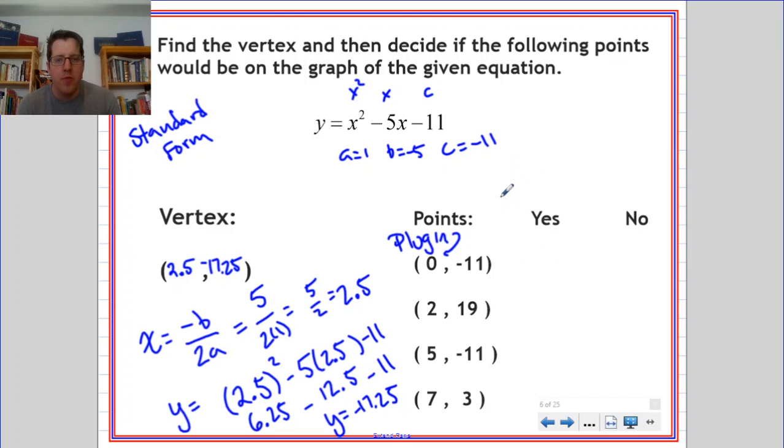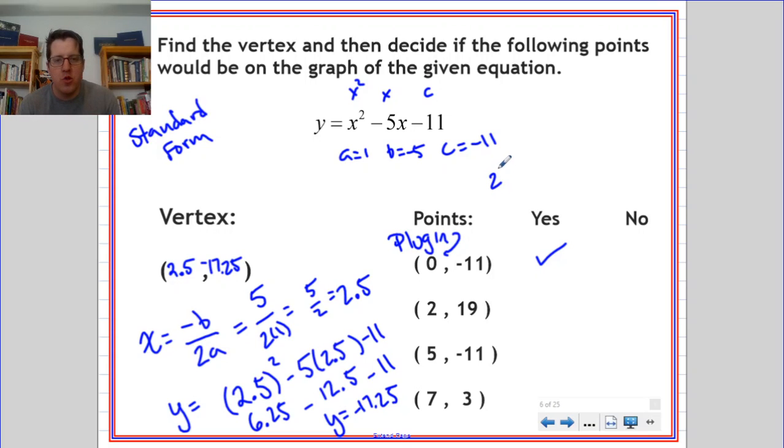So for this one, I would get 0 squared minus 5 times 0 minus 11. Does that give me the y-coordinate -11? 0 minus 0 minus 11? Yes, it does. For the next one, I would do the same thing, except I would plug in +2.